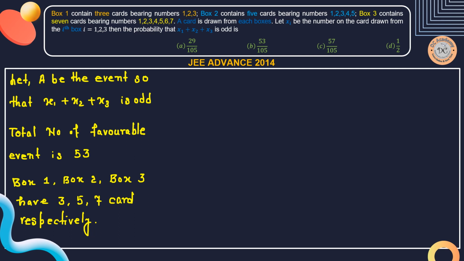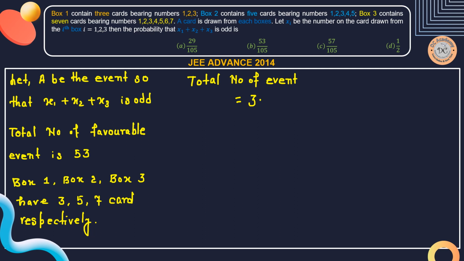Now, what is the total number of events? From box 1, x1 can be chosen out of the 3 cards in 3C1, or 3 ways.